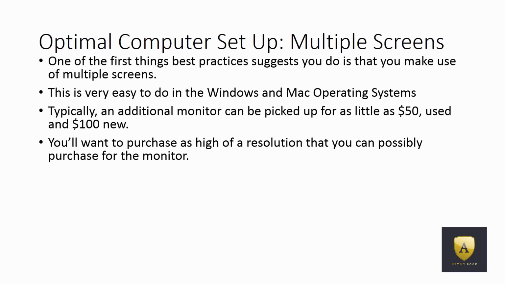Now you're going to want to purchase as high a resolution as you can when you get the monitor, and at minimum you should be looking for 1920 by 1080 pixels. That is probably the standard at which you're going to be producing and editing your videos. And if you have a laptop that has that resolution, then you want to be able to use your screen effectively using the same resolution.